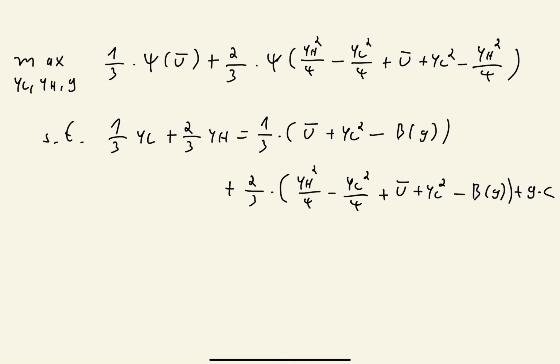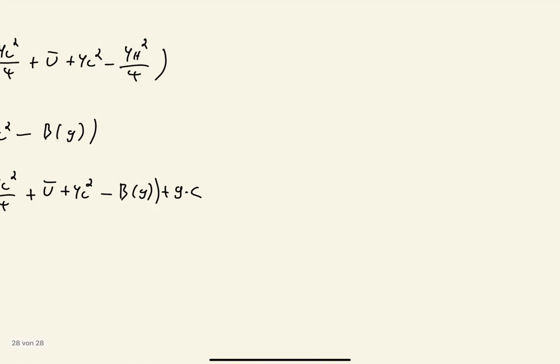Now we can bring this into Lagrangian form, and I can also write this down. So in Lagrangian form, we have the following. So we max over YL, YH, G, and lambda. And we max the following.